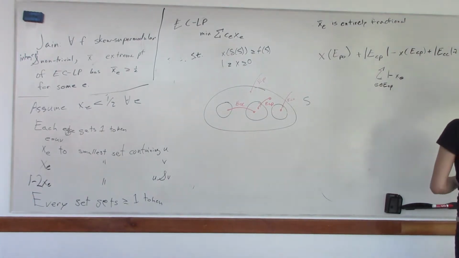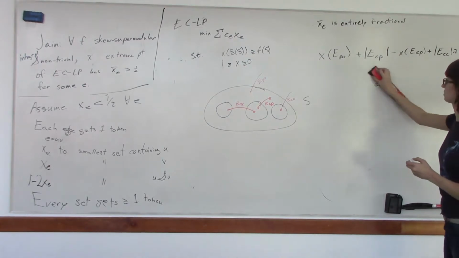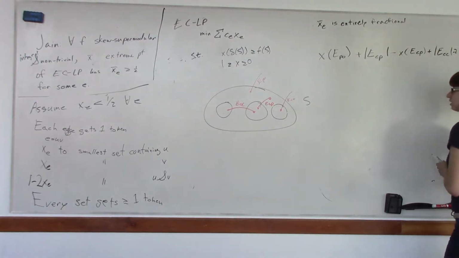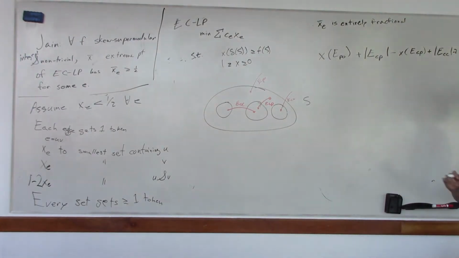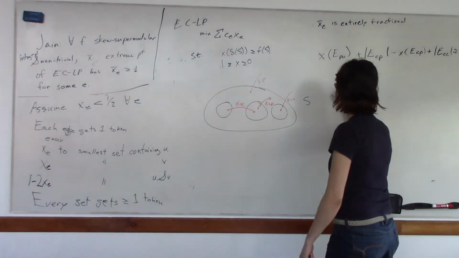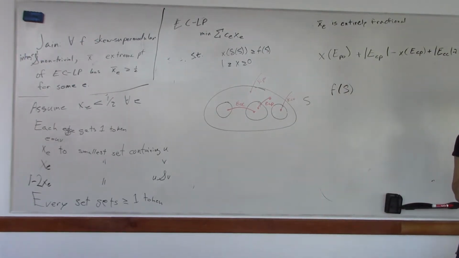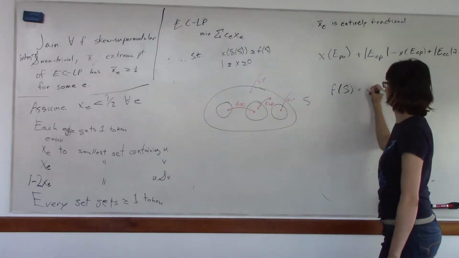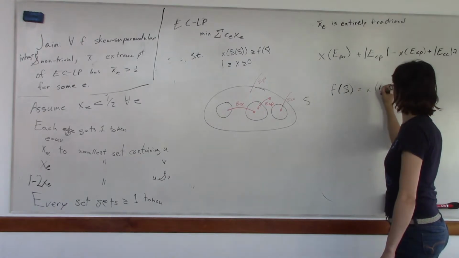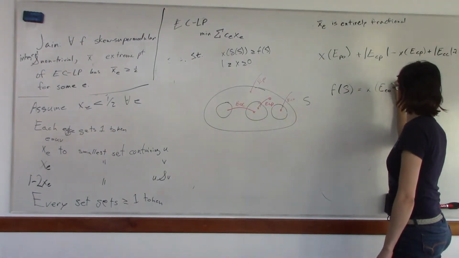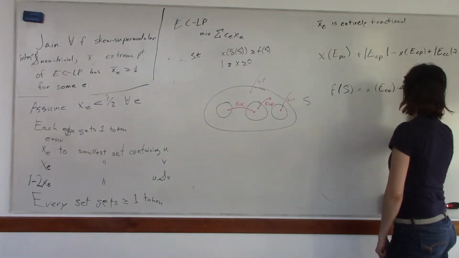So, this is kind of messy, but it turns out that all these x terms are actually really nice. So what is f of S? Well, S is a tight set. So it's just the stuff that goes outside.